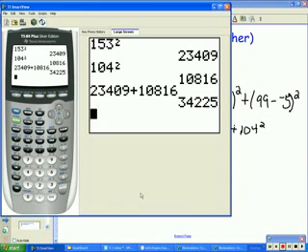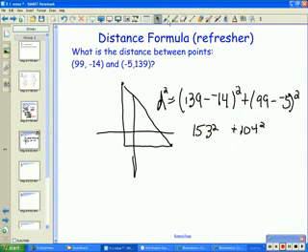And we get 34225. Oops. Okay, and then we square root both sides.